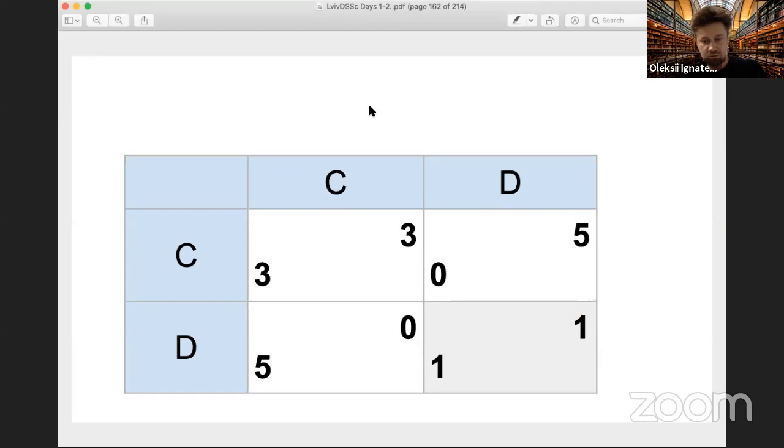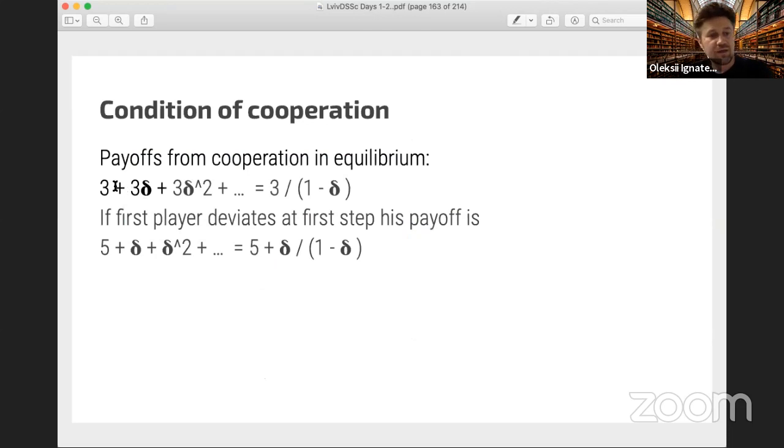And if you do not defect and cooperate always, we also do not defect, so we get 3 every time. So the expected payoff from an infinite repeated game with discount delta is equal to 3 divided by 1 minus delta.